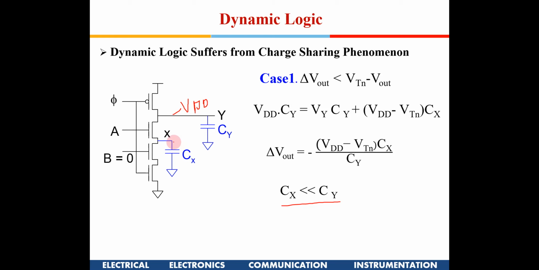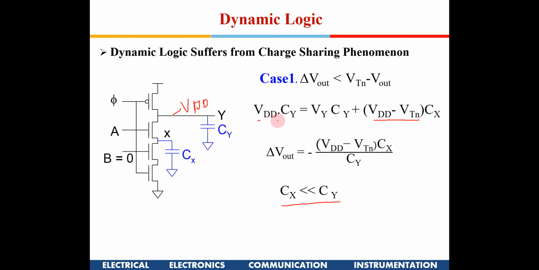So we can assume in this case, since Cx is much lesser than Cy, this will reach the max possible voltage. And if you remember, what would be the max possible voltage out here? Because this is an NMOS, it cannot transmit a good one. So X can maximum go up to VDD minus VTN.